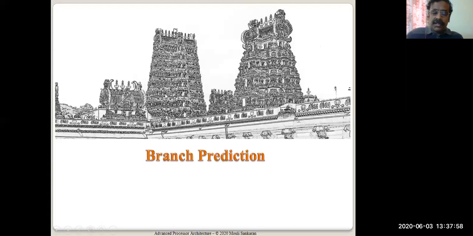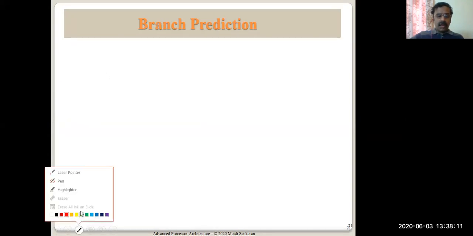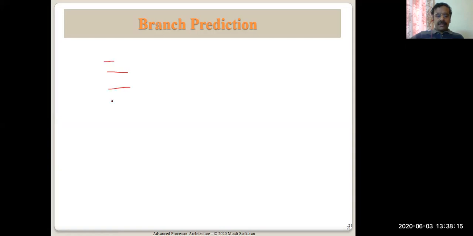What is branch prediction? You know, it is something to do with the branch instruction. So let me give an overview before I go into the details, so that you understand the context. We have a set of instructions, and I told you that a basic block is something which does not have any branch instruction.